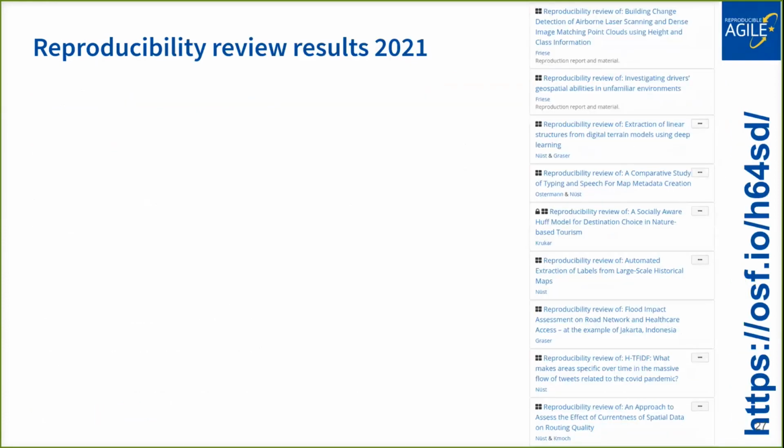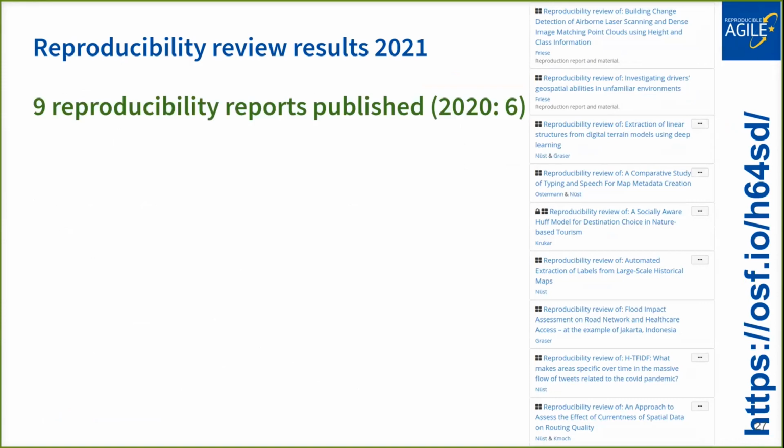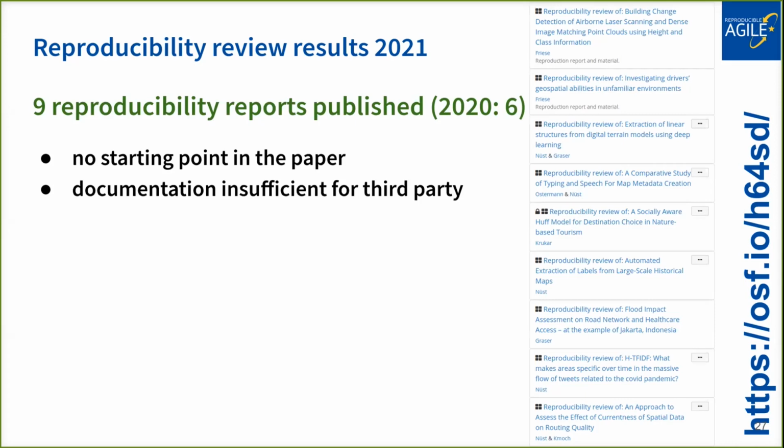So the reproducibility review results in 2021, just so you get an idea: we had, I think, 17 full papers accepted, and we only looked at those, and we were able to reproduce 9 of them. The problems that prohibited reproductions were that there was no starting point in the paper, and the documentation was simply not enough for a third party to reproduce something.